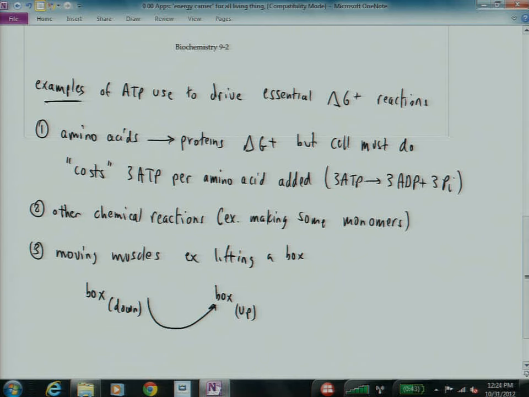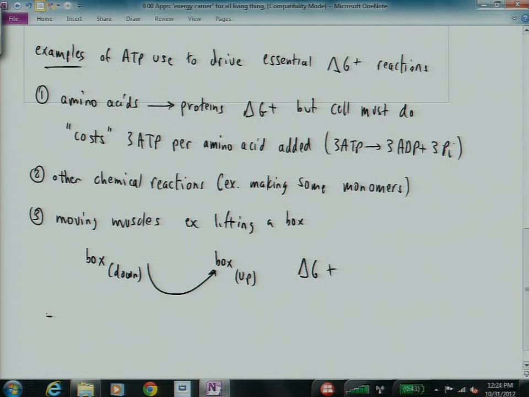Right? That's a delta G positive reaction on its own. We can couple that, though, to lots of ATP being converted to lots of ADP and phosphate. And that's delta G, very large negative.